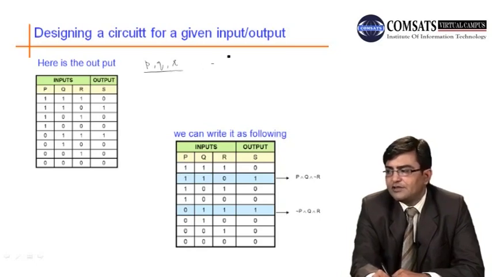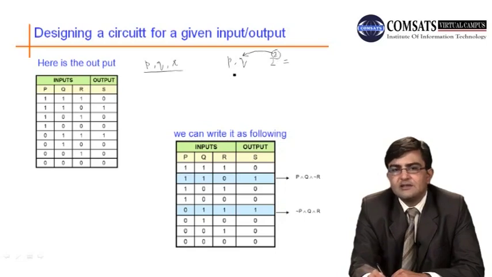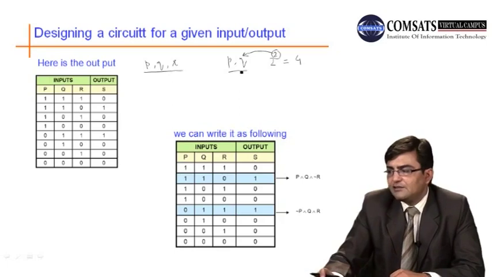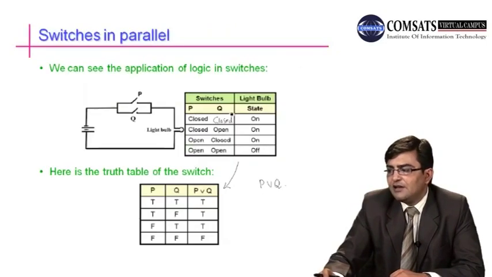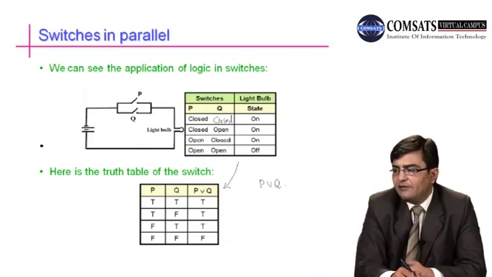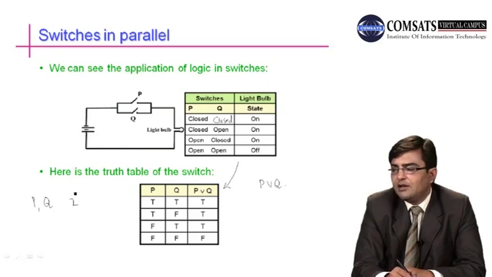If we have 2 propositions PQ, then it is 2 power 2, where the 2 in the exponent is the number of propositions. We have 2 propositions, so we take 2 power 2, which is 4. If we have 2 propositions, we have 4 possibilities in the truth table, as we have seen in the previous truth table. Here we have 2 propositions PQ, so the possibilities will be 2 power 2, which is 4.